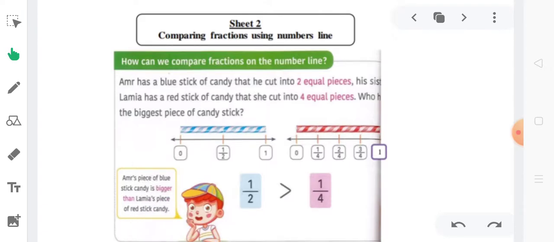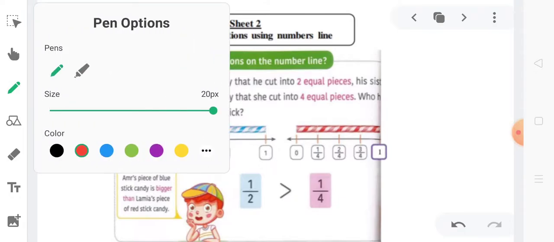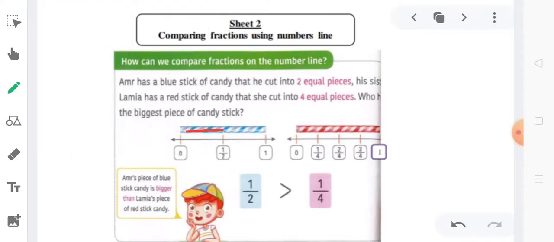Look here, the fourth, of course, we have here. This represents a half. And this part, let's change the color. Which is bigger using the number line? This piece of candy or this piece of candy?